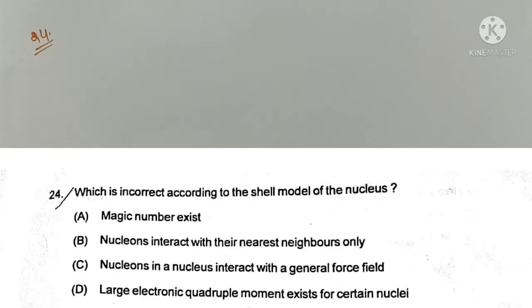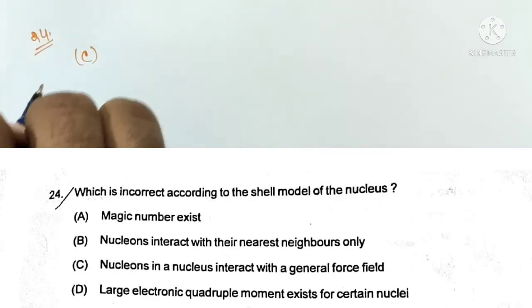Now option B, nucleons interact with their nearest neighbors only, that is also true, because this property can be explained through the nuclear force, because we know nuclear forces are saturated forces. And now check option C, which says nucleons in a nucleus interact with a general force field. Okay, so that is incorrect. So here your correct option is option C.